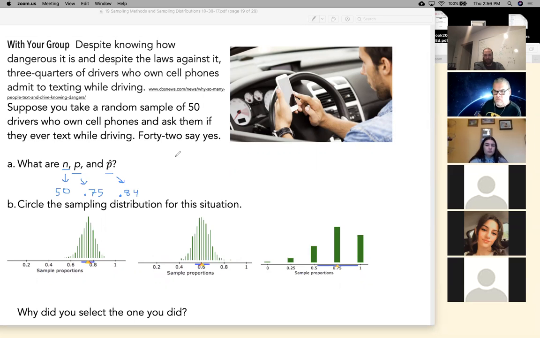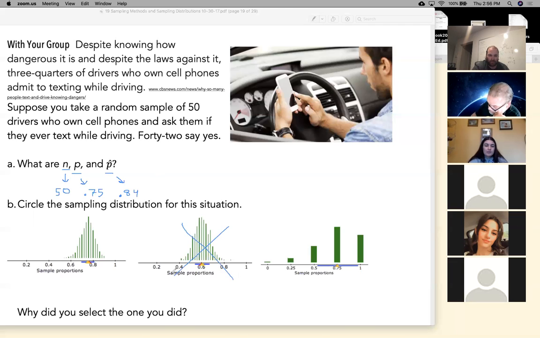The last one, I guess C, you can call it. No, there's C and then there's A, which looks like 0.75 next to the 0.8. What about the second one? Does that look like it's centered at 0.75? Not even close. This one is definitely out.